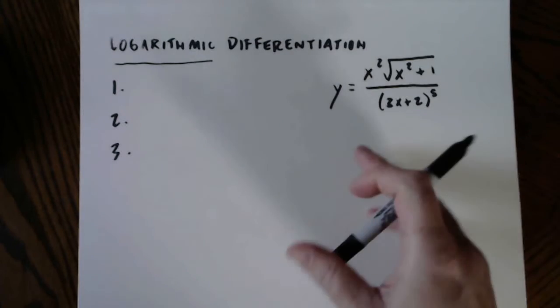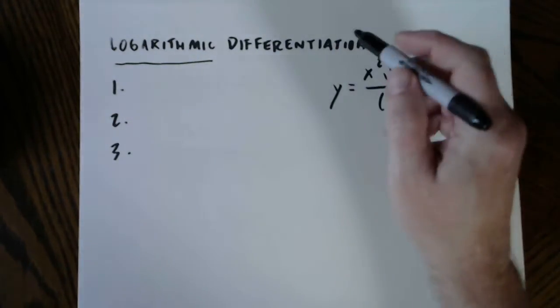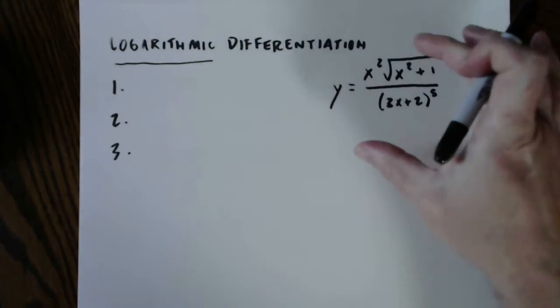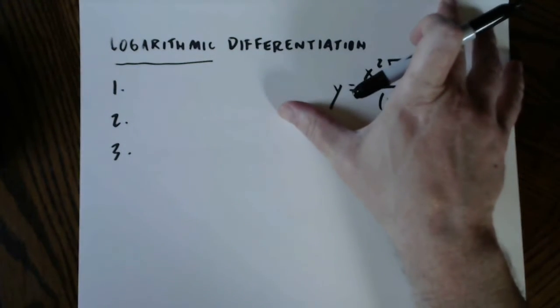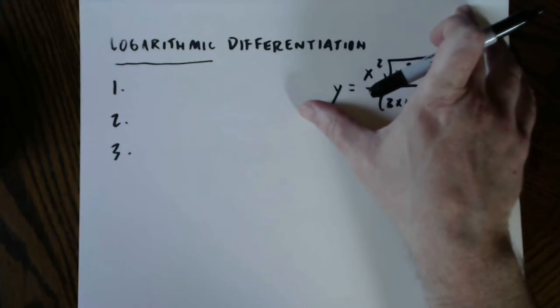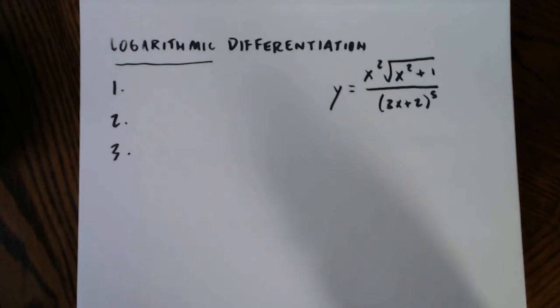I would fill up 2 pages doing this. Probably make 2 mistakes. So this is a technique that you can use when sometimes you have these things that are a mess. Sometimes, and it doesn't happen too often. If somebody asks you to take the derivative of that, you'd probably tell them to get lost. But sometimes this technique will make your life easier.